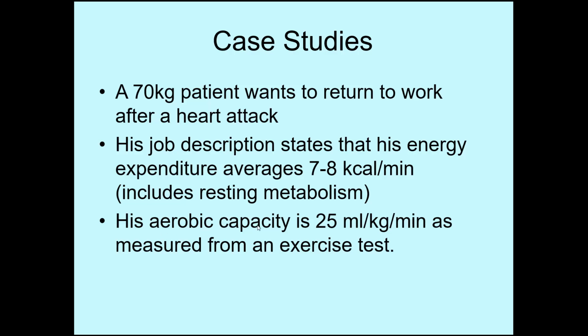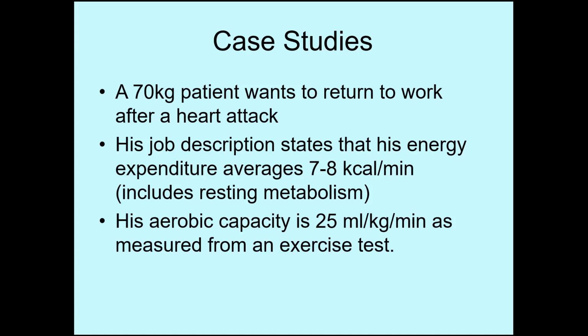So the way we could do this, I'll just talk you through it: if the aerobic capacity is 25 milliliters per kilogram per minute, we convert that capacity into units of kcals per minute. Putting it in liters per kilogram per minute, I get 0.025 liters per kilogram per minute.